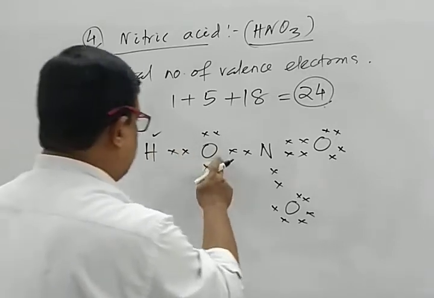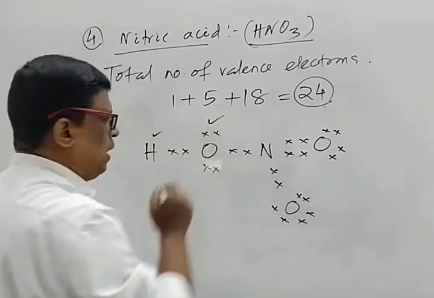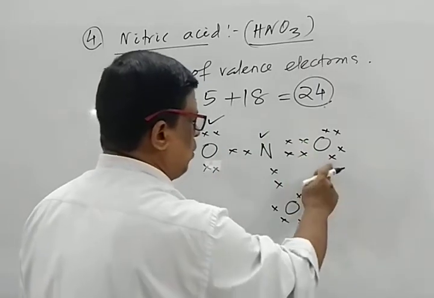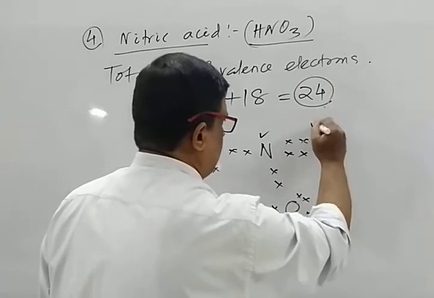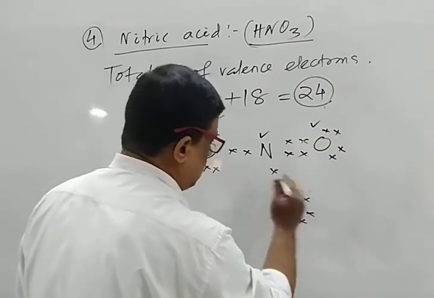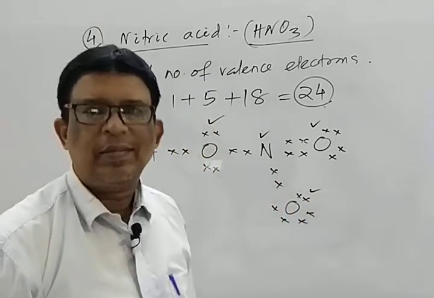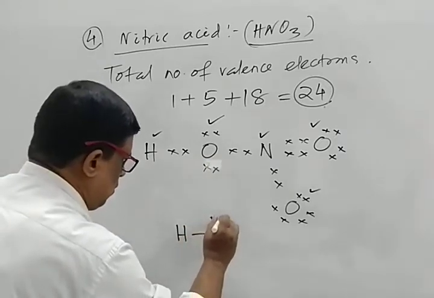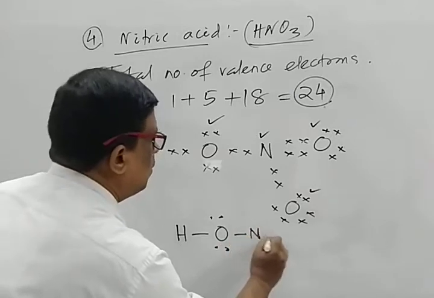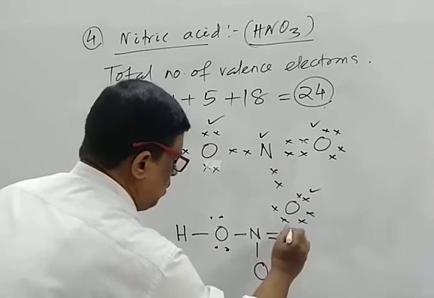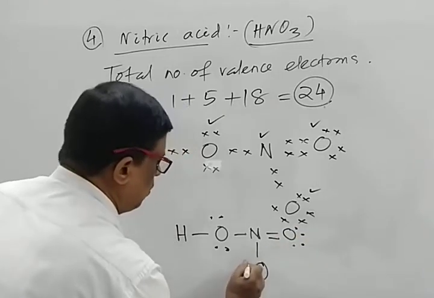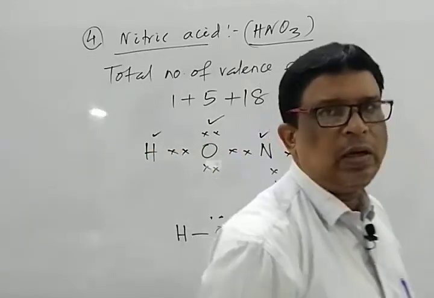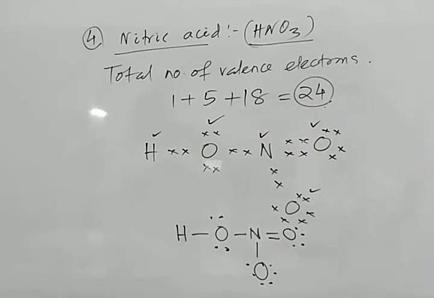Hydrogen, duplet; oxygen, 1 to 8, octet; nitrogen, 1 to 8, octet; oxygen, octet; oxygen, octet. Is it clear? Good. Next is the representation: H, O, N, O. It is the Lewis dot representation for nitric acid.